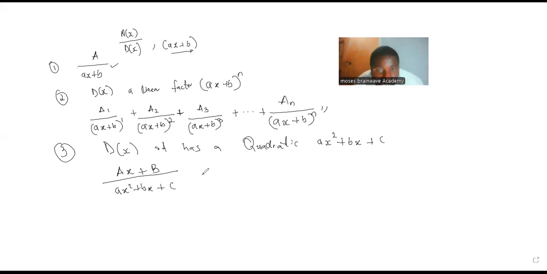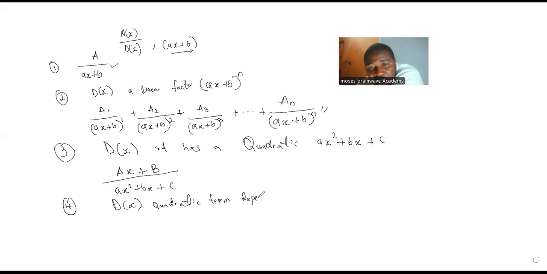Now, let's generalize this if the denominator is repeating. So the fourth one: if the denominator has a quadratic term and it is repeating.